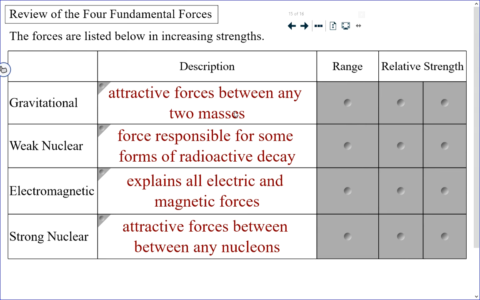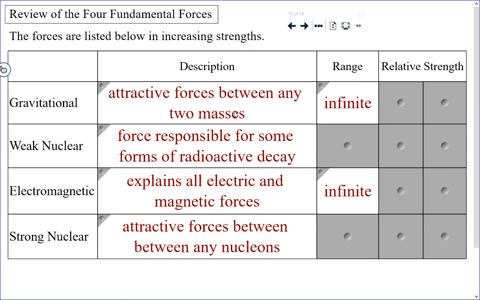If we were still in the classroom, I would be telling you that all of the other information is stuff that you could be tested on, but we are not, so you're not going to be tested on this other stuff. But if you have a handle on the different ranges and the relative strengths, then you will understand the physics that we learn a little bit later better. It turns out that the range of electromagnetic and gravitational forces is infinite.